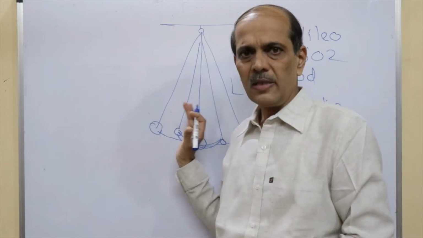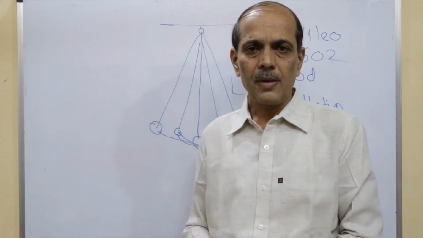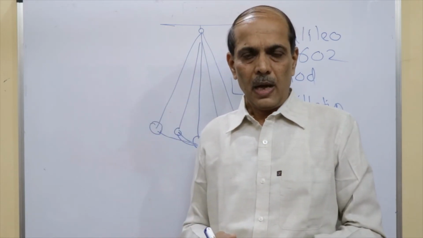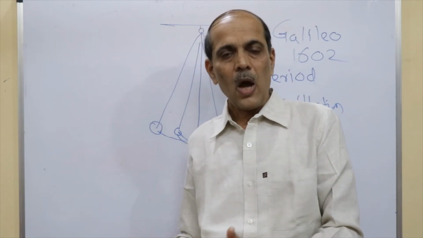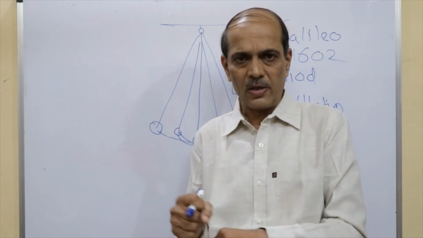Following Huygens, a lot of research then went into this. Robert Hooke designed a conical pendulum and tried to establish, or he shared with Newton, how exactly the gravity of planets works.